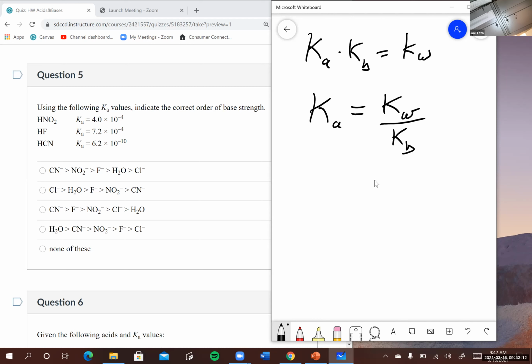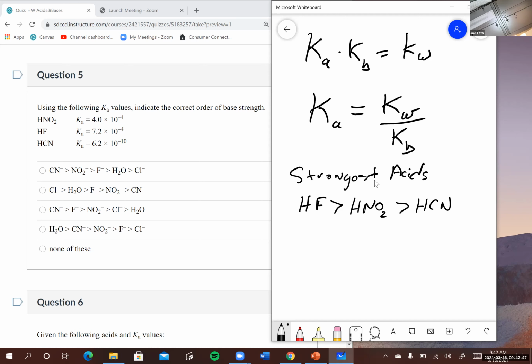So I can rank the acids that they gave me, and they gave me 3 acids, and I see the one that's the largest is HF. So the strongest acids in that list would look like HF is greater than HNO2, and that's greater than HCN.